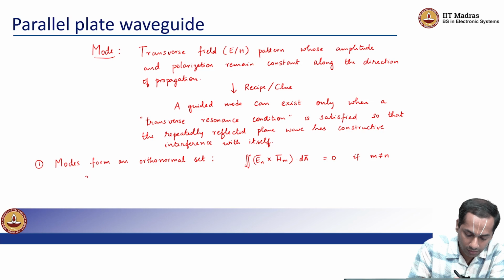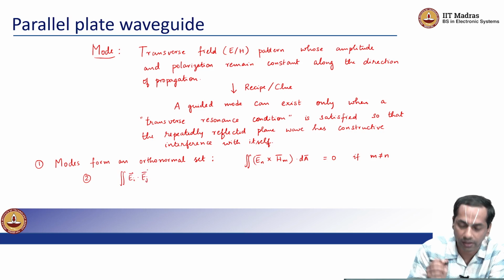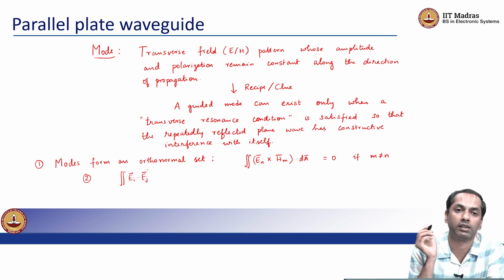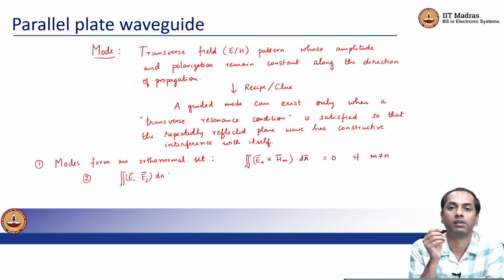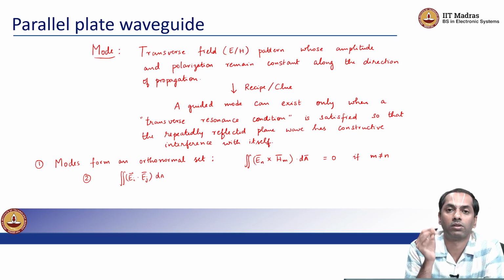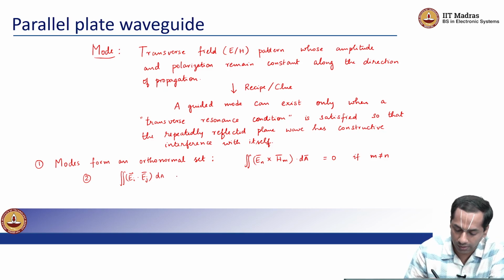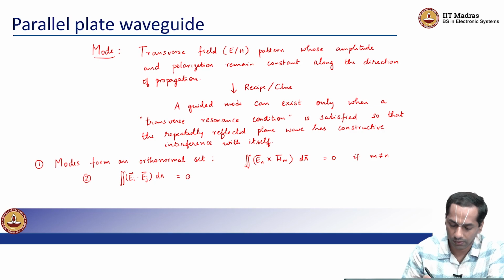So the second thing is, if we look at just the electric field from mode i and mode j, and integrate it over the cross section of the waveguide, I notice that this is also 0 if i is not equal to j.